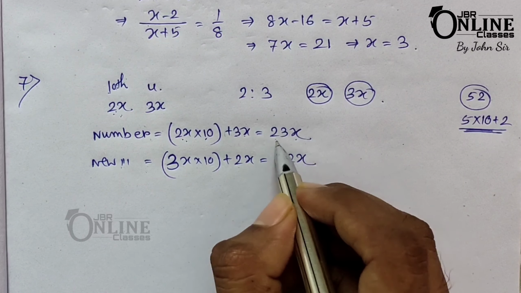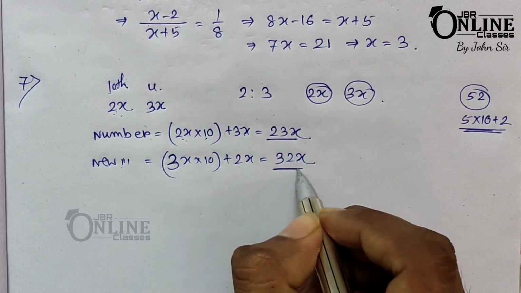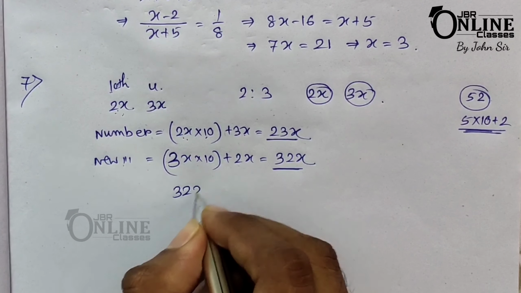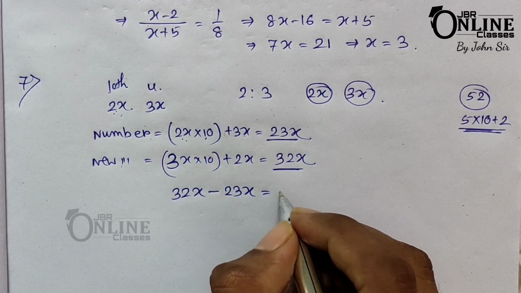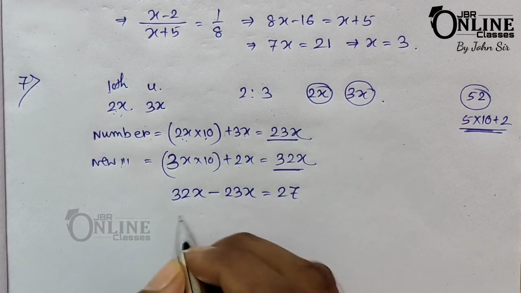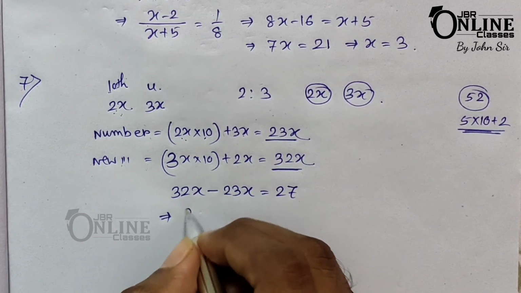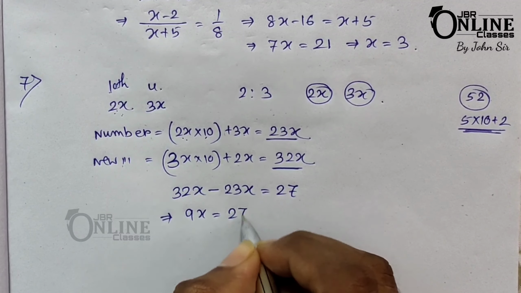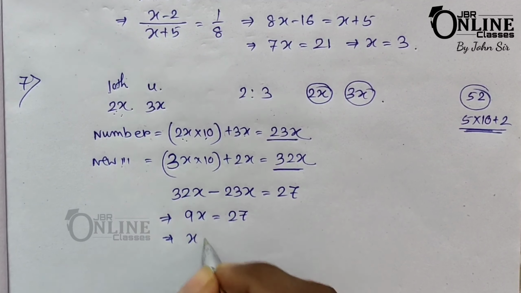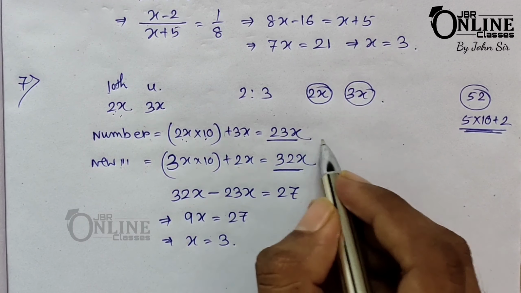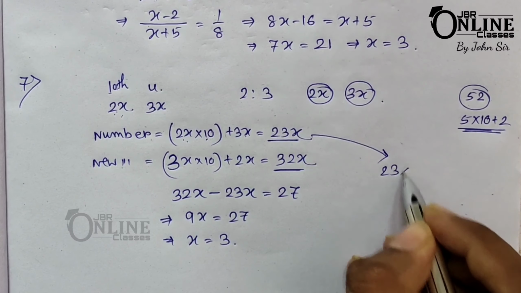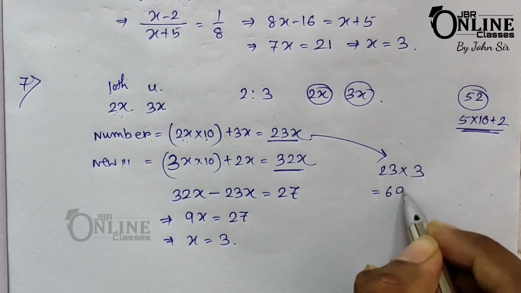So previous number 23x, new number 32x. Now according to the problem, 32x minus 23x, that equal to 27. So here 9x equal to 27. So x equal to 3. So if x equal to 3, then the number will be 23 into 3, and that equal to 69.